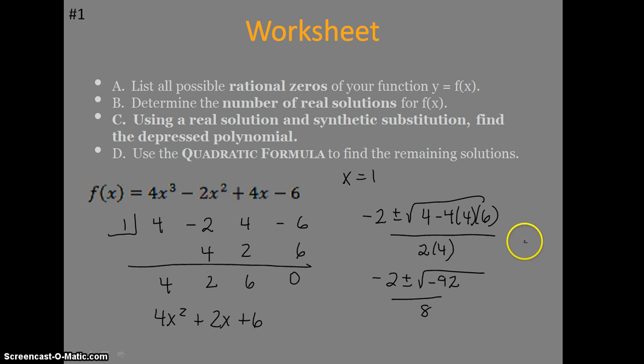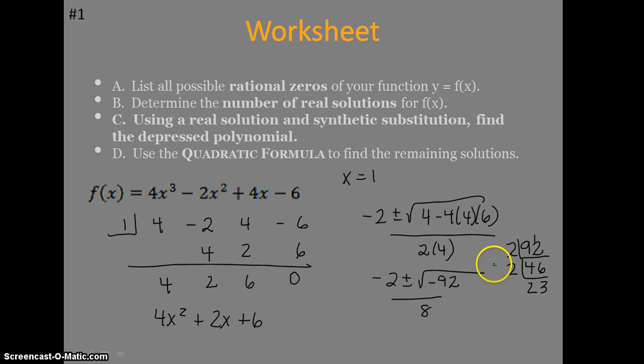So I use what I think I call the ladder method. 2 goes into 92, 46 times, and 2 goes into 46, 23 times, and then 23 is prime.